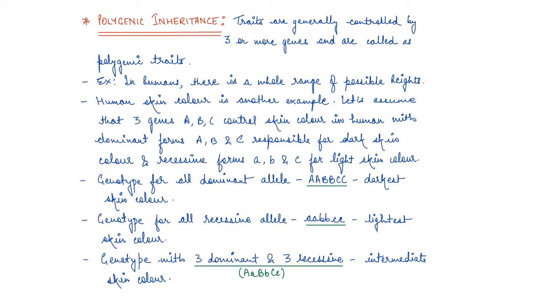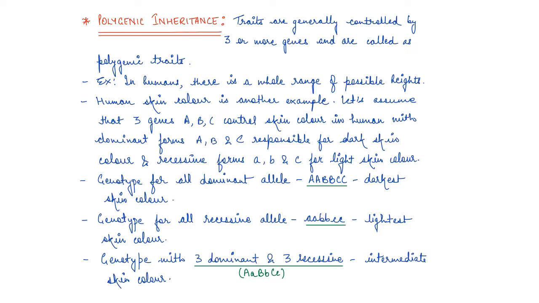Say if you talk about human skin color, that is again an example of a polygenic trait, right? It cannot just be dark or light skin color, but there can be various other forms of skin color, like we say you are wheatish. Again, in the case of light, there are variations, right? So let's take an example.